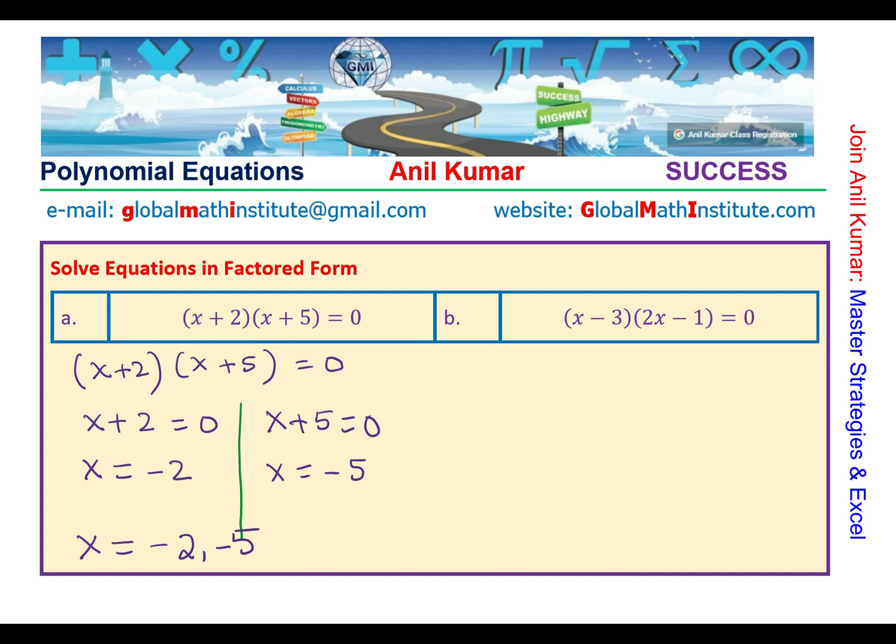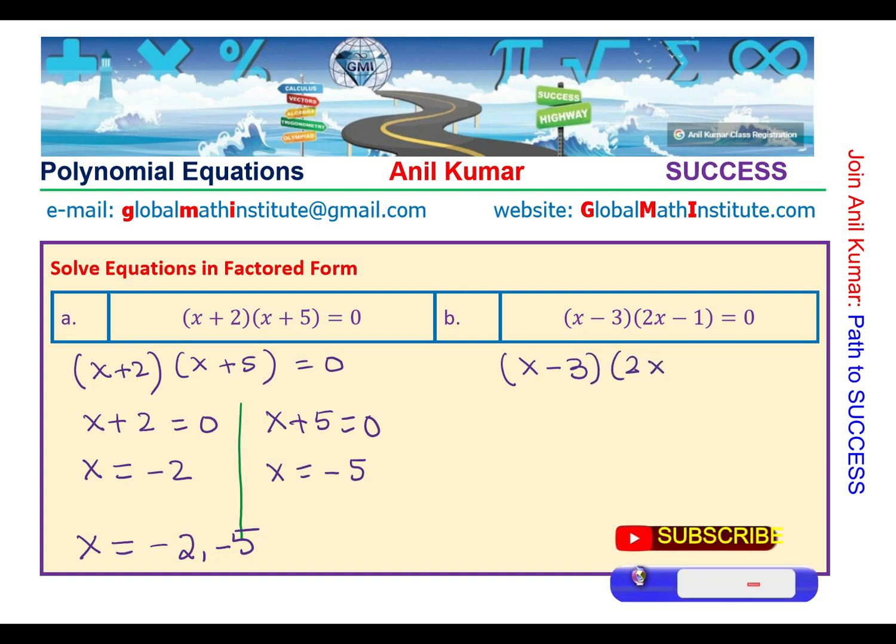Makes sense, right? So that is the strategy which you have to use to solve factored form of a polynomial equation. Let's take up another example. It is for you to practice. You can always pause the video, do it yourself, and then check the solution. So once again, we have an equation in factored form, x minus 3 times 2x minus 1 equals to 0.